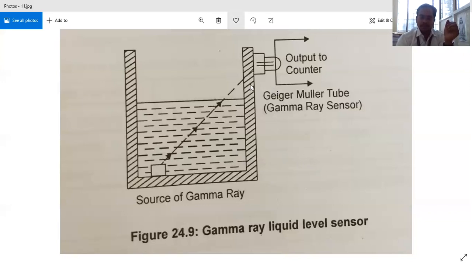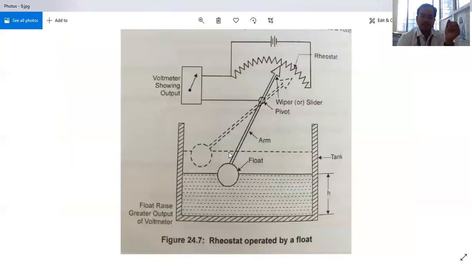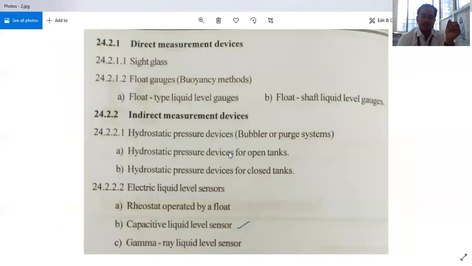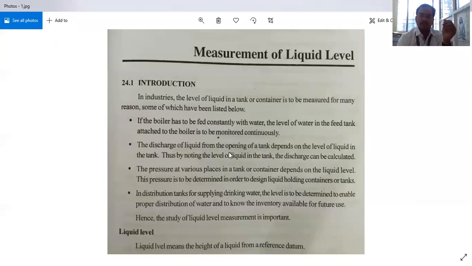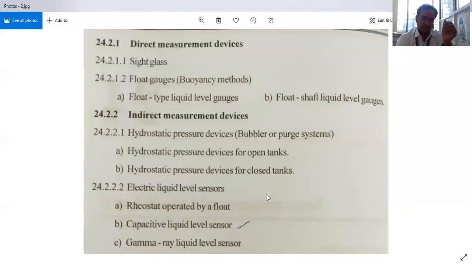And we have completed the level measuring instruments, measurements of liquid levels and their importance. We have seen the different types: direct methods, indirect measurement devices, and electrical liquid level sensors. In direct measurements, we use just naked observation or buoyancy methods. In the indirect method, we use the hydrostatic law.